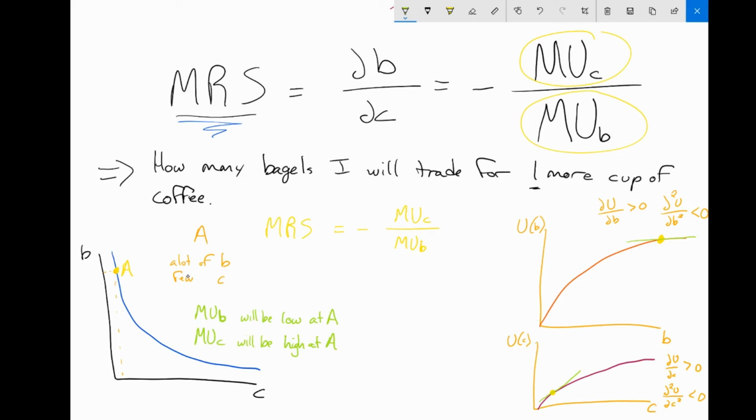Well, let's plug this in. Let's give some intuitive understanding. So here's the marginal rate of substitution. Let's say the marginal rate of substitution at point A. So the marginal utility of C is going to be large. How should I illustrate this? I'm going to illustrate this maybe in a silly way. The marginal utility of C will be large, and the marginal utility of bagels will be small.